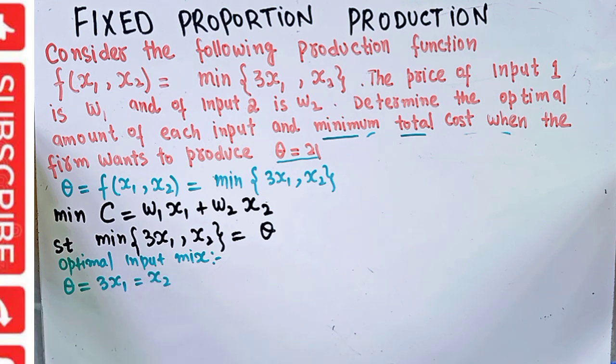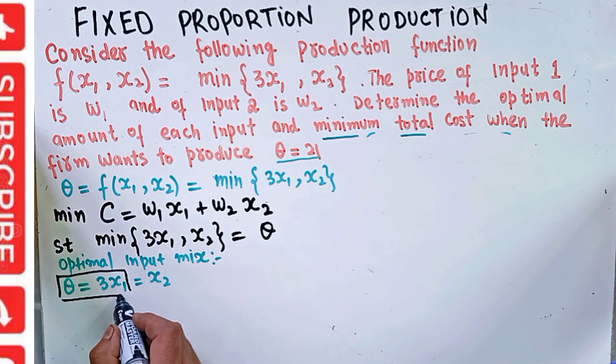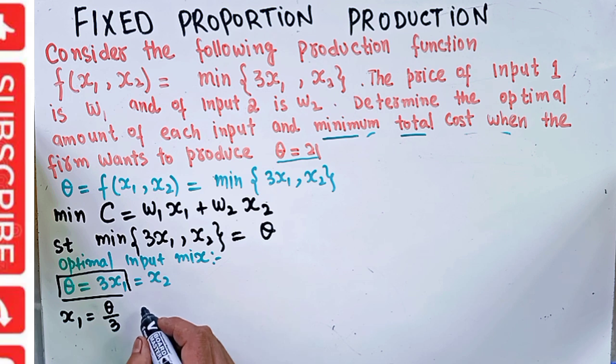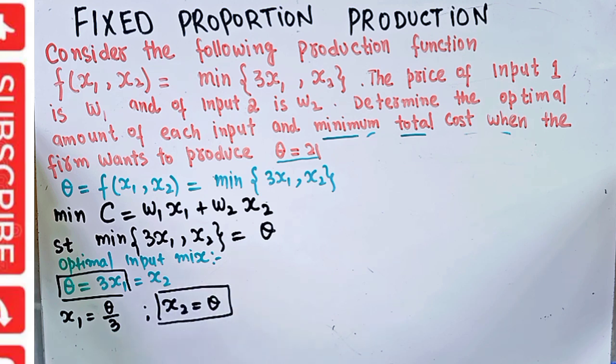When we solve these for x1 and x2, if q is equal to 3x1, it implies x1 will be equal to q upon 3. Similarly, x2 will be equal to q. These are our input demand functions, what we call the conditional input demands, conditional in the sense that they depend upon the output that we are supposed to produce. These are not the unconditional input demands.